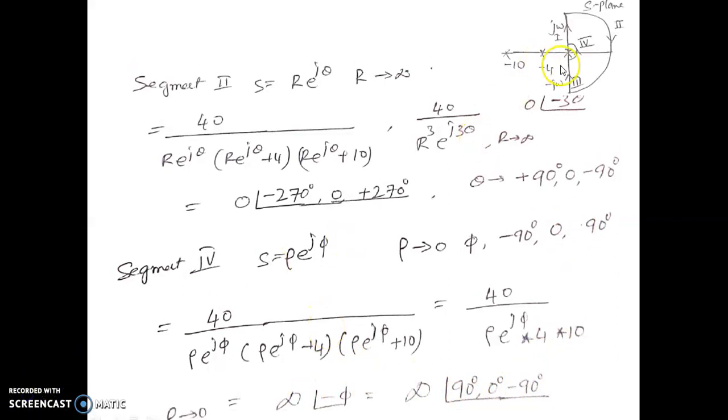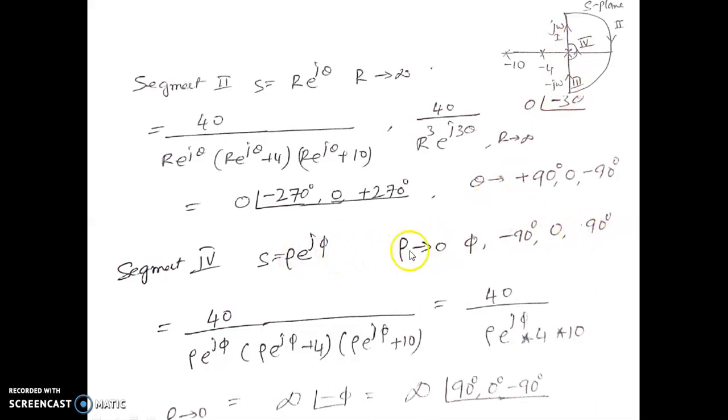Now we are trying to map this fourth segment, the small portion whose radius is tending towards 0. The phase angle starts from minus 90 degree, to 0, to plus 90 degree.